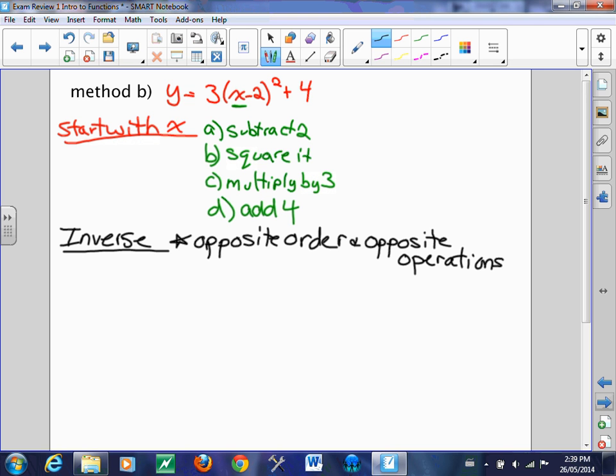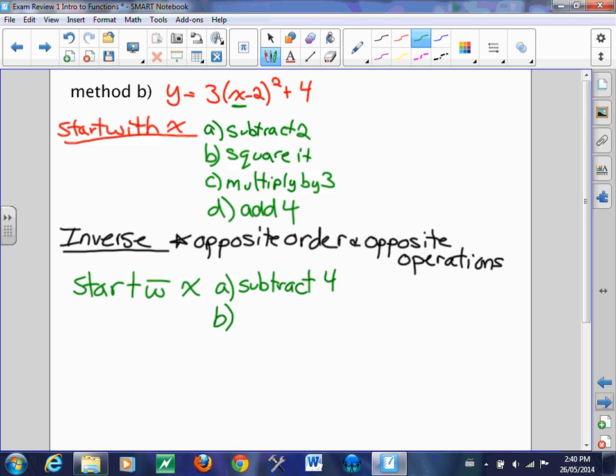Okay, still going to start with x. We're going to go to the bottom and do the opposite. So start with x. Okay, so instead of add 4, what do we have to do? Subtract 4. Okay. Instead of multiply by 3, we need to do the opposite, which is divide by 3.